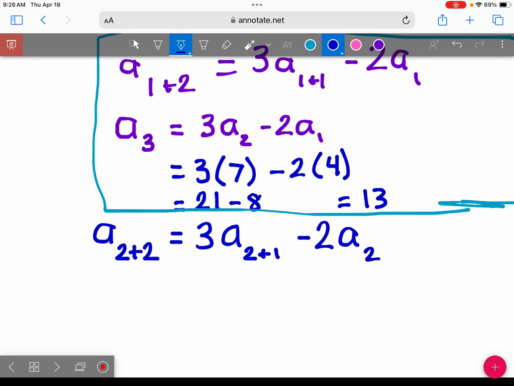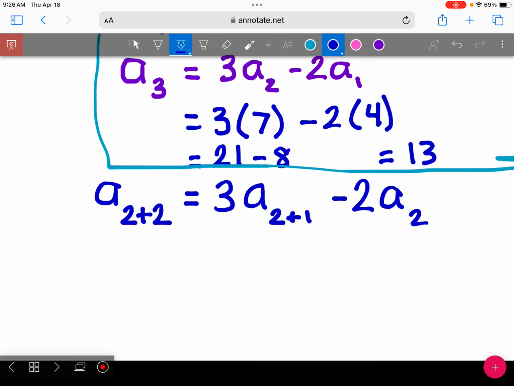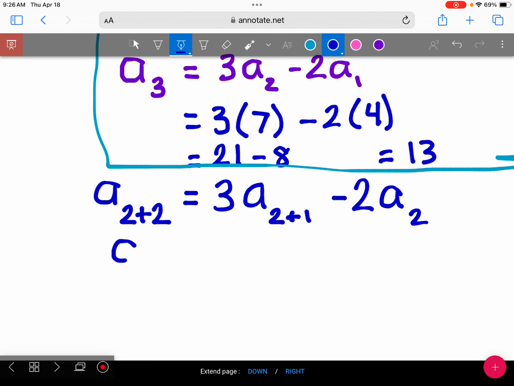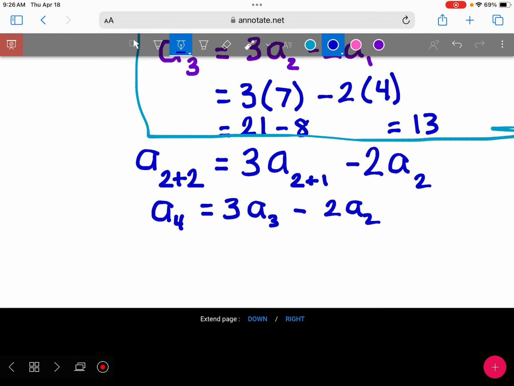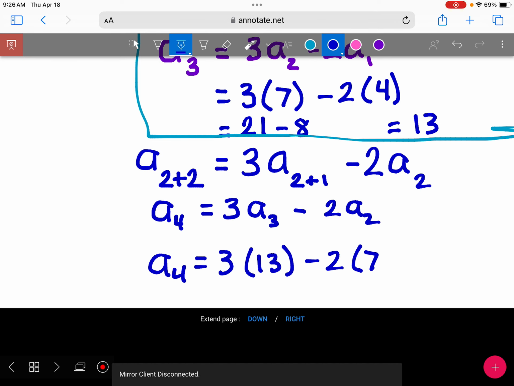I'm not saying you have to write down every single step like this. I just find it really helpful to see where these pieces are coming from. Because we're going to get our a sub 4 by taking 3 times a sub 3 minus 2 times a sub 2. So a sub 4 is going to come from 3 times a sub 3, which was 13, minus 2 times a sub 2, which is 7.